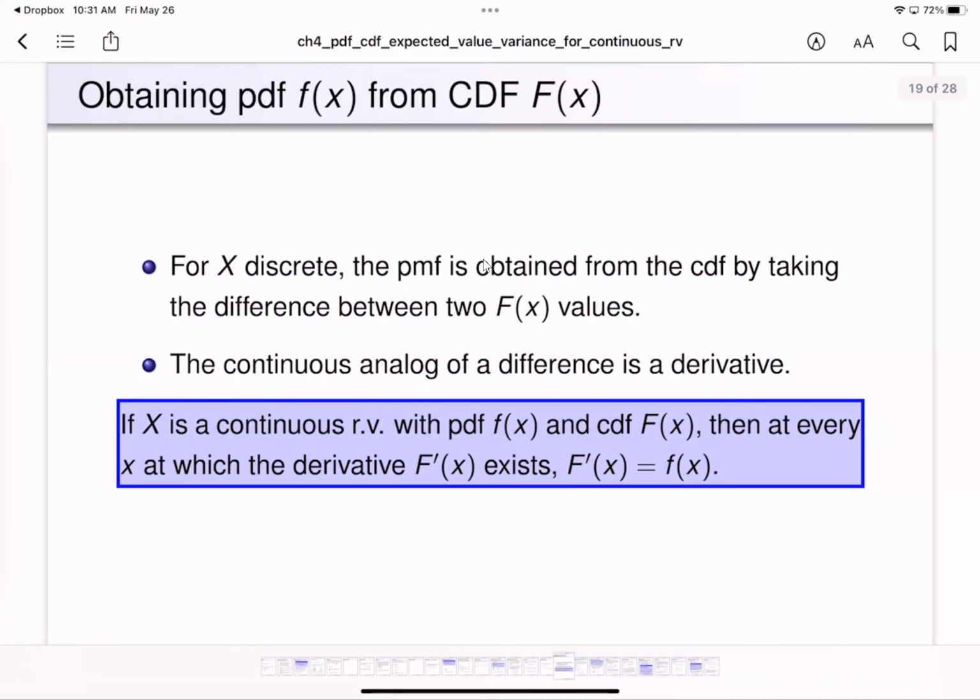Again, this is just for the continuous variable. If it's a discrete variable, we just take the difference, because the CDF in the discrete case is obtained by summing up the probabilities. So if we have a discrete case, the PDF would be obtained by taking the difference between successive values of the CDF.